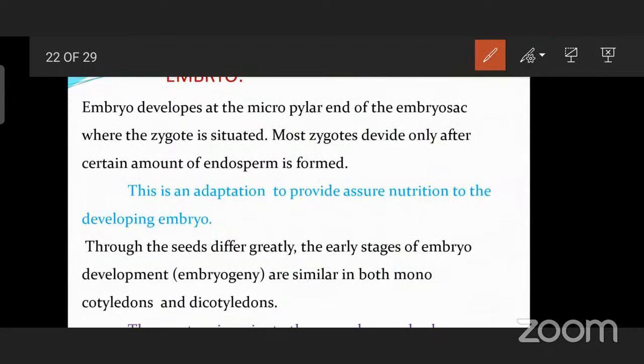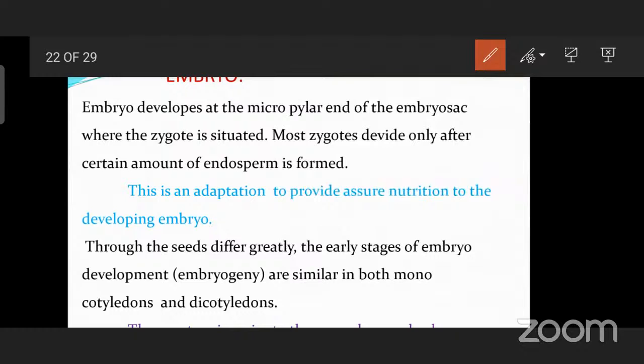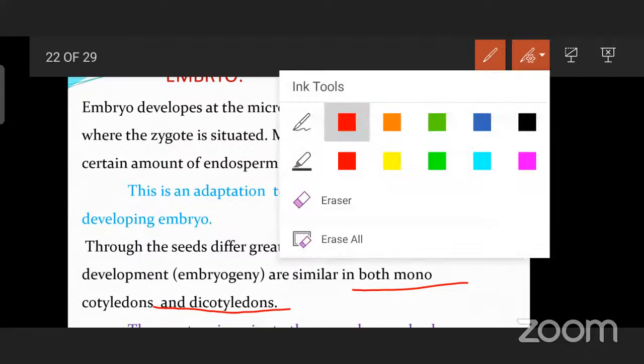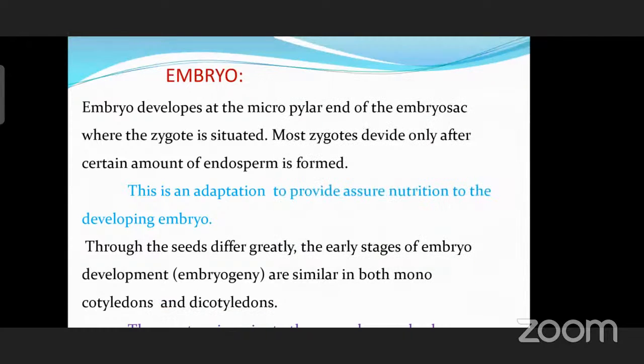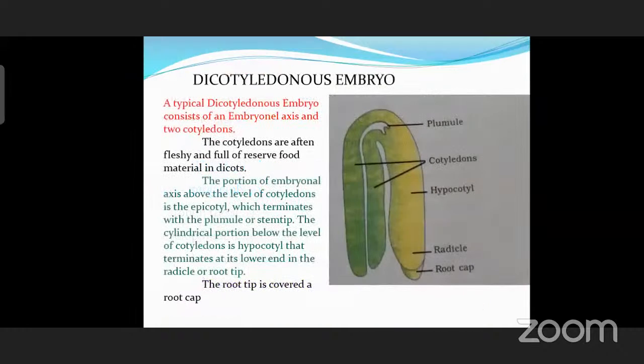The seeds differ greatly, but the early stages of embryo development, called embryogeny, are similar in both monocotyledons and dicotyledons. In the final stage of embryogeny, the dicotyledon embryo develops into the mature embryo. This is post-fertilization events and structures.